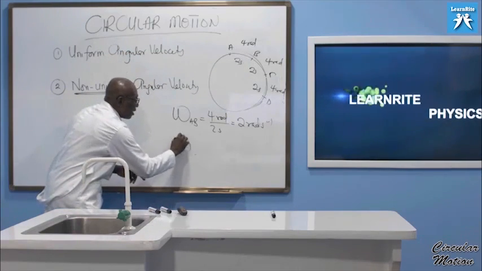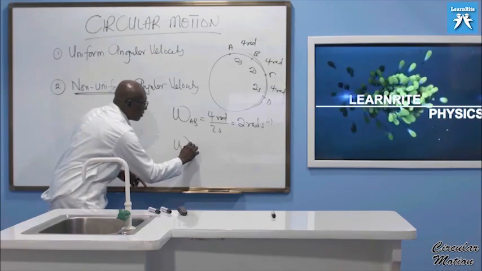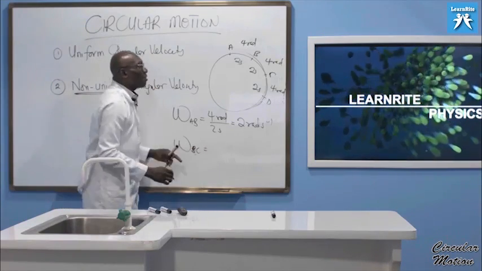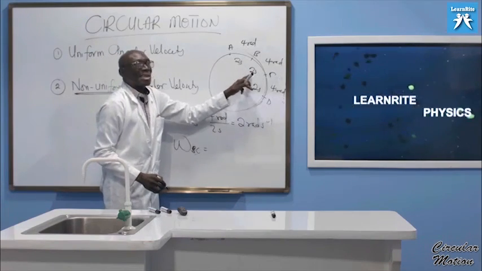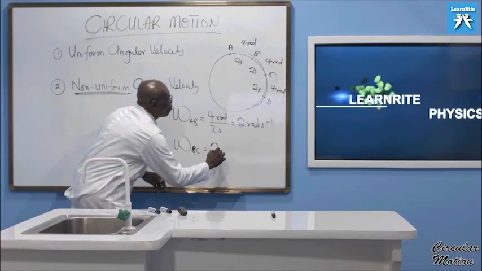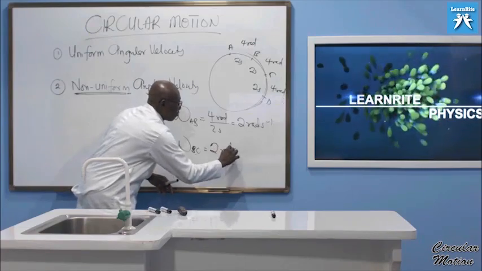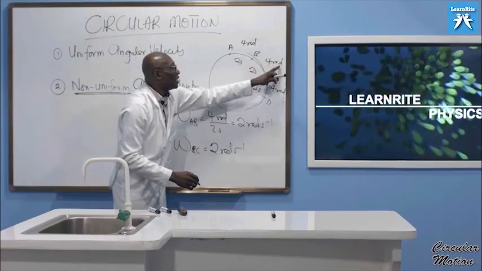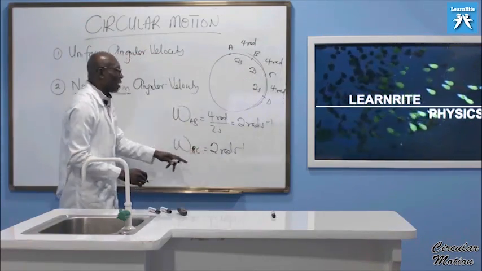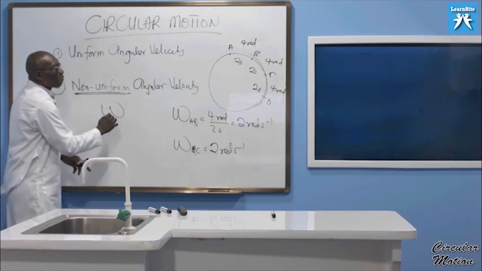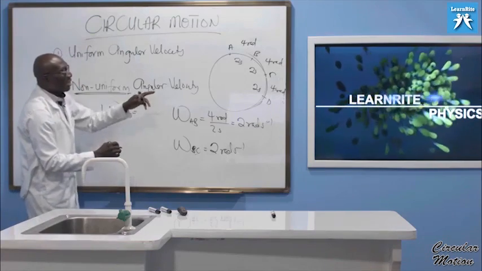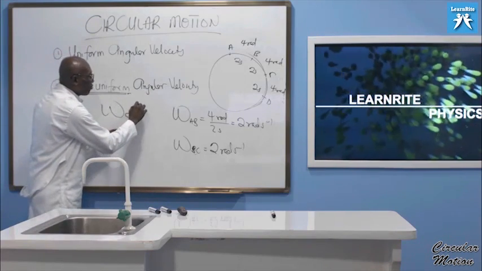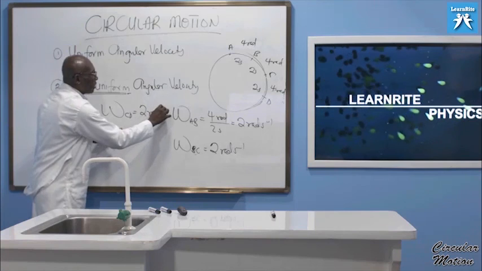The angular velocity is the angular displacement divided by time. And we are getting the same 2 radian per second, when we divide 4 radian by 2 seconds. And then between C and D, we are also getting the angular velocity to be 2 radians per second.